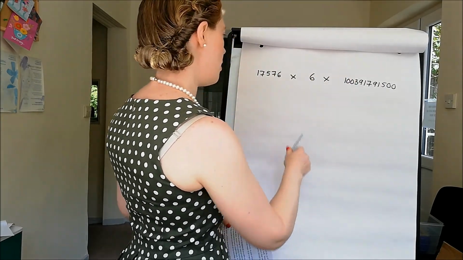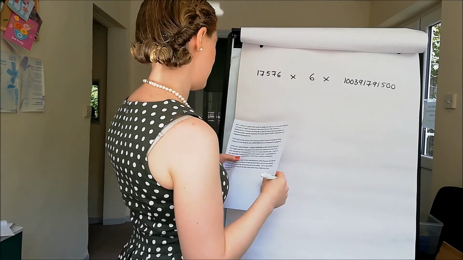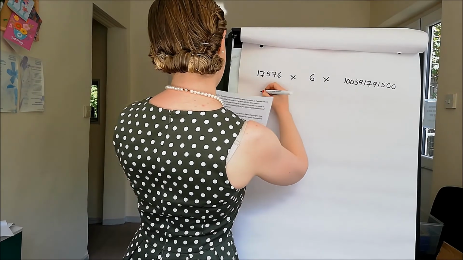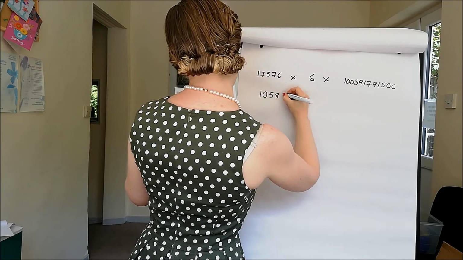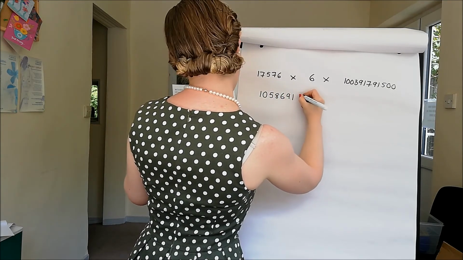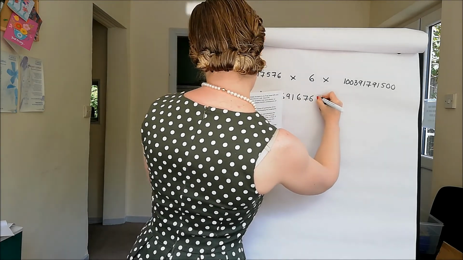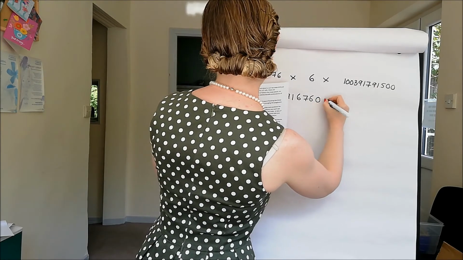Multiplying those together, because they're 3 separate groups, so 3 separate pools of things, if we multiply those together, that gives an overall answer of 1058691,676, and then that's as many digits as my calculator would show.